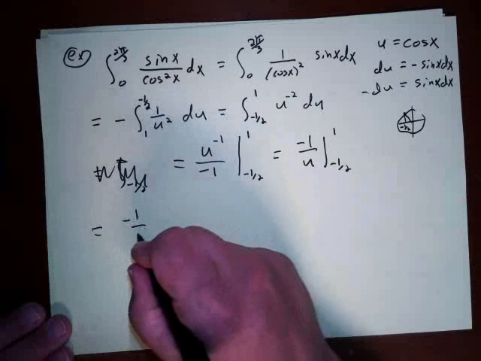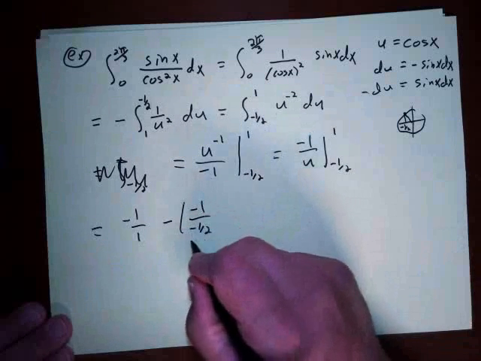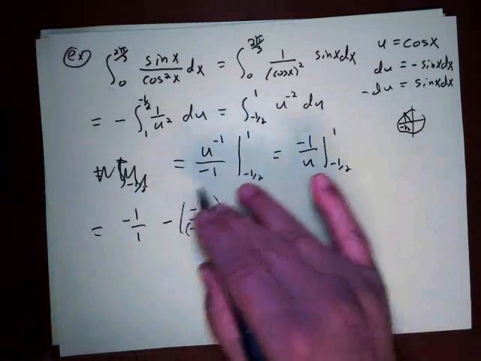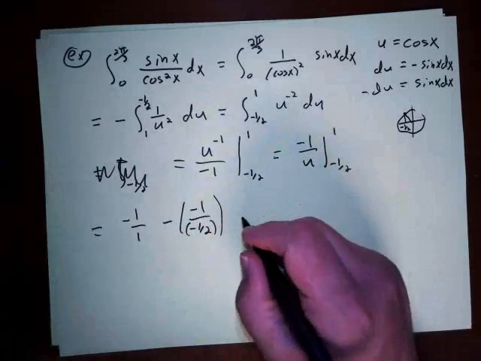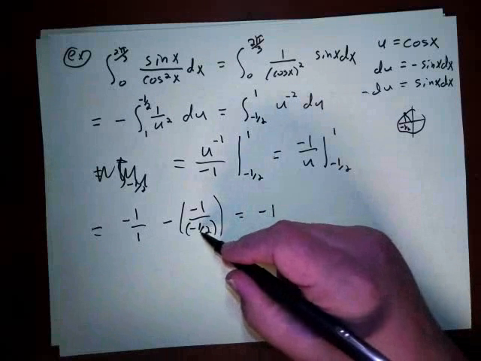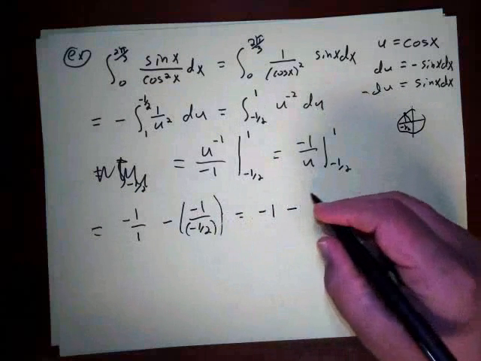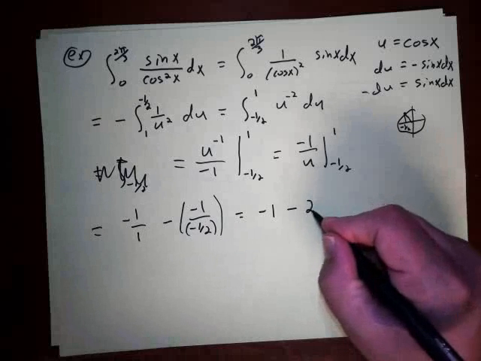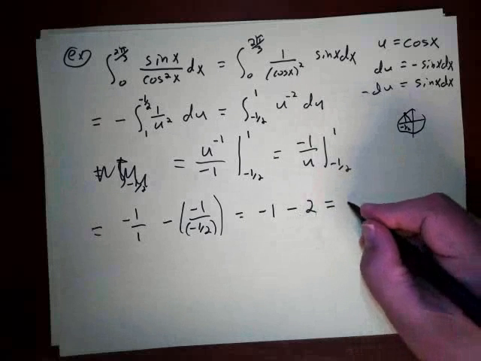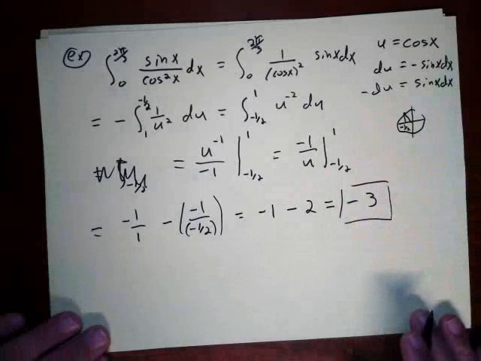Negative 1 over 1 minus a negative 1 over negative 1/2. A lot of negatives. It would have been even more with the other negative, but that's okay. So we're going to plow through this. And so this would just be negative 1. The negative 1/2 would flip over, and this would become positive 2. So negative 1 minus 2 is what that would be. And so negative 1 plus a negative 2 is minus 3. So it looks like that's what I would get.